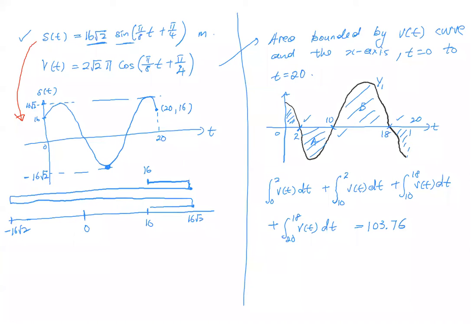So what is the total distance traveled? Here to here is 16 root 2. Here to here is also 16 root 2, correct? So 1, 2, 3, 4. So can I say the total distance traveled is, from here to here, you look, and here to here, there are 4 of them.